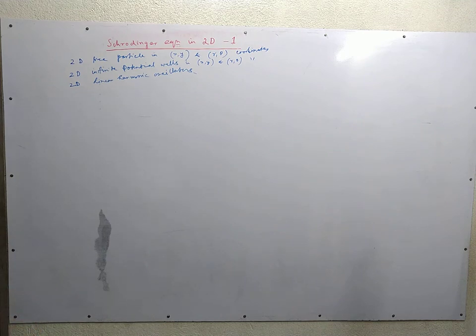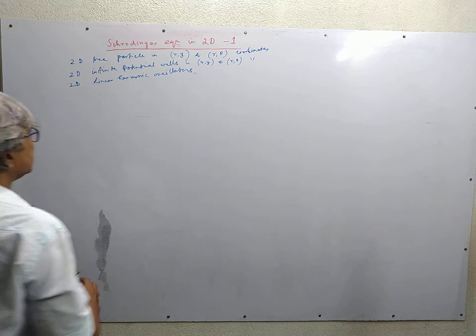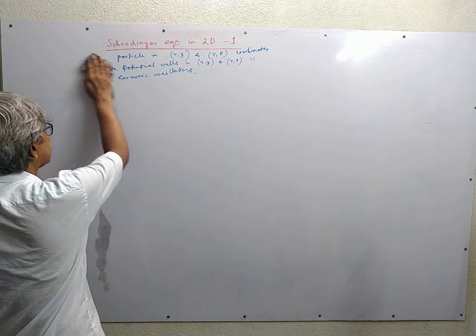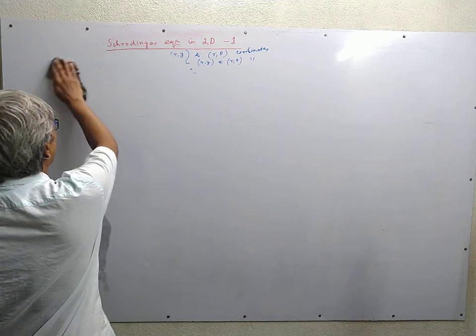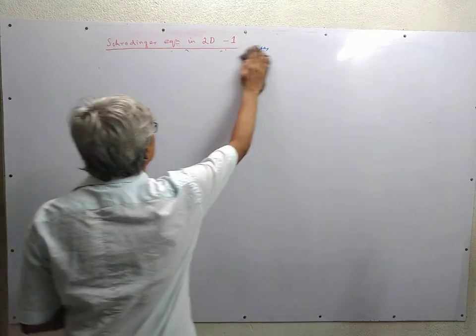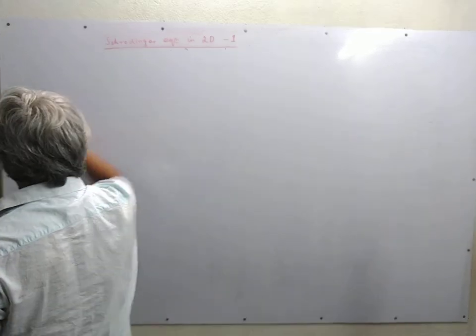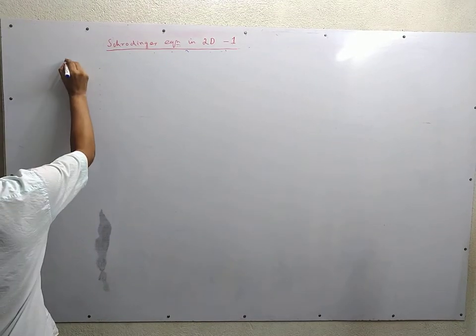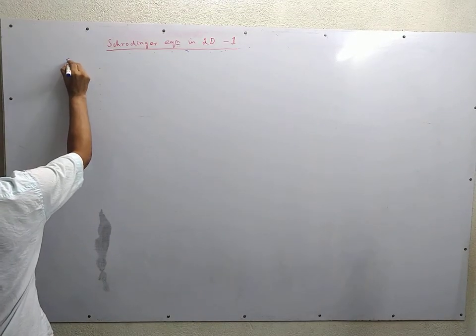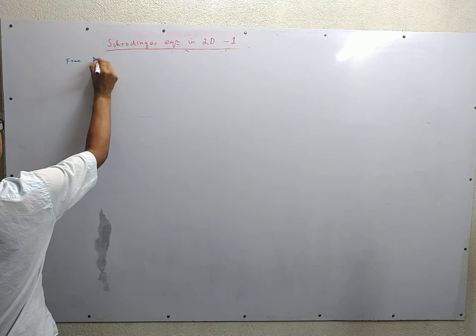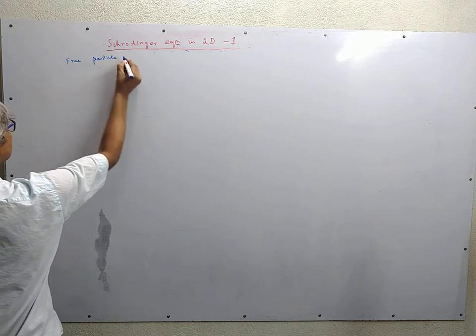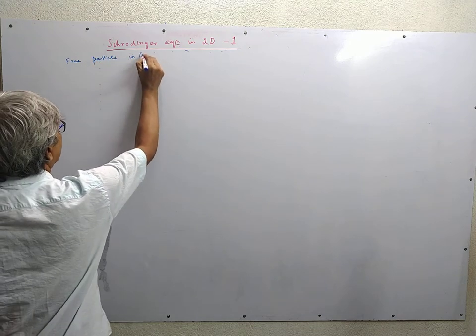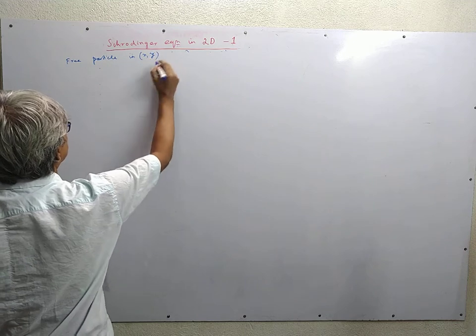So first we consider a free particle in Cartesian coordinate system. In the study of free particle in 1D Cartesian system, free particle in 2D Cartesian system.